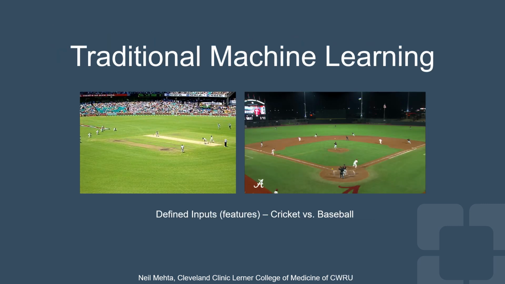Now that we have used a sports metaphor to try and explain supervised versus unsupervised machine learning, let's take a look at the difference between traditional and deep machine learning. So imagine, just like that first data set of photographs of cricket and baseball, you have that same data set, but instead of just labeling the output, you actually name the features that go into a game of cricket versus that in a game of baseball.